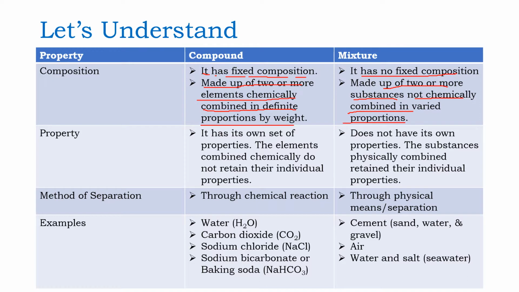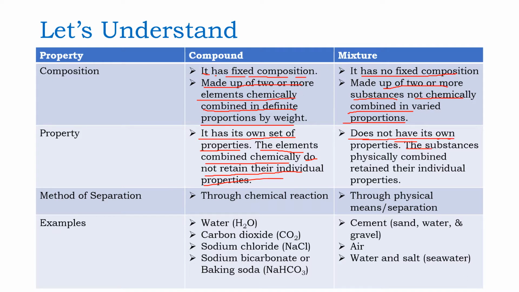So, in terms of property, si compound has its own set of properties. So, the elements combined chemically do not retain their individual properties, while mixture does not have its own properties.